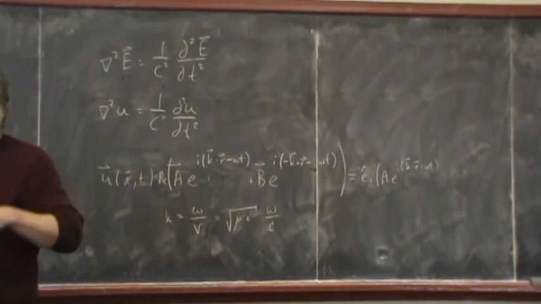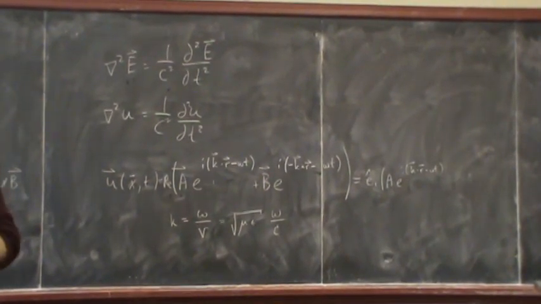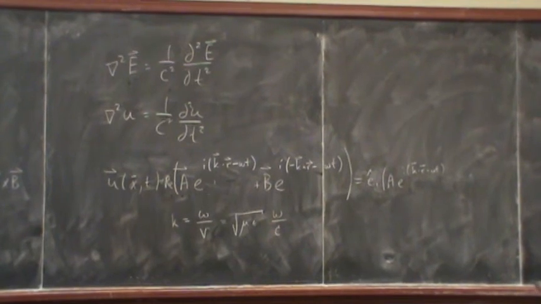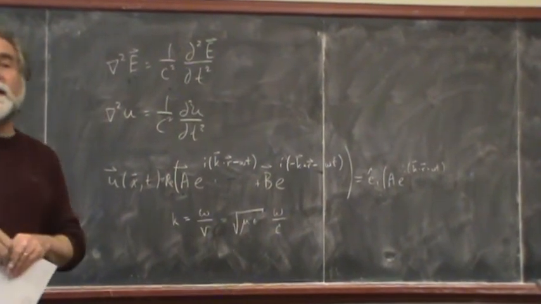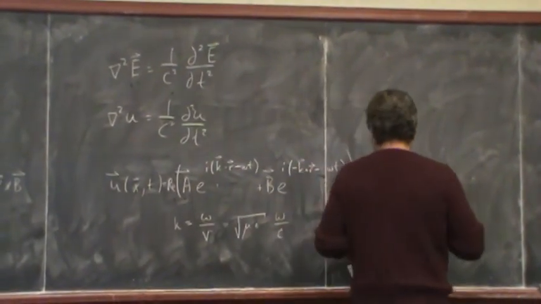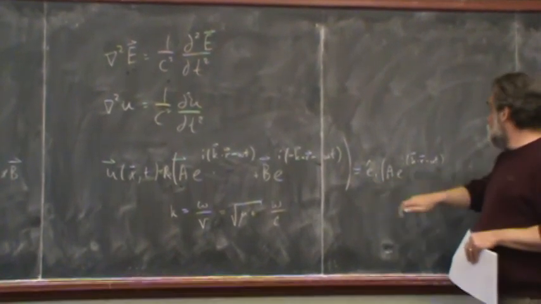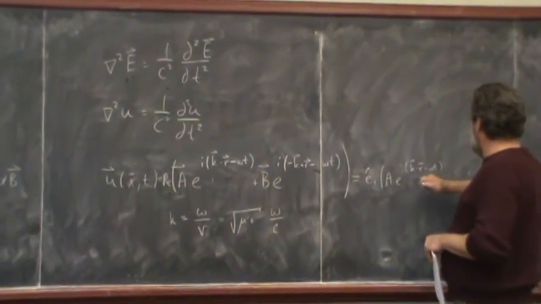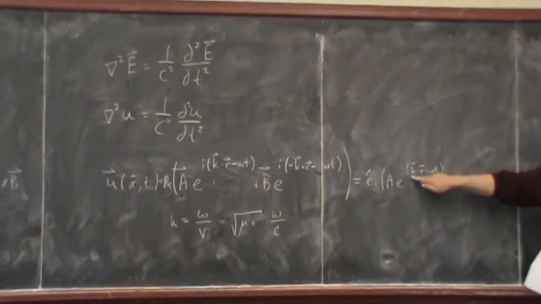If I confine myself to solutions which are propagating in one direction, so that's what you're accustomed to us calling a plane wave, just traveling along in strictly one direction, then this becomes a vector direction for the field, and then this is propagating in some vector direction k.